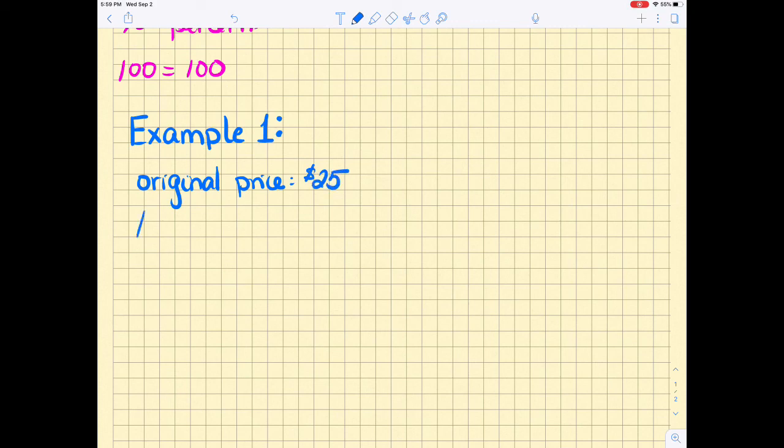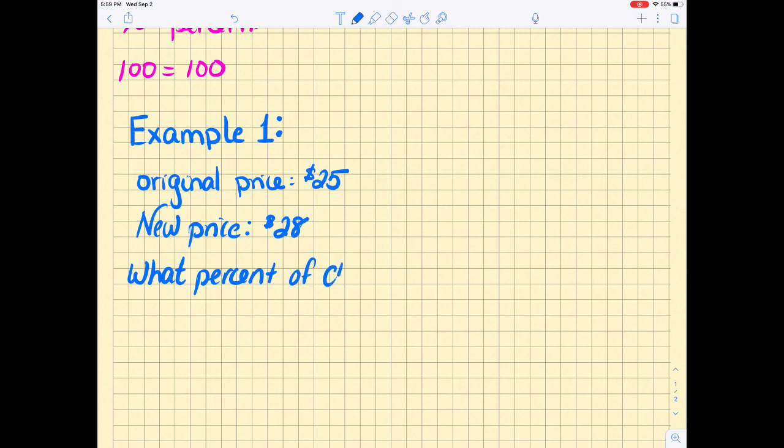And the new price, so I don't know if you remember back in elementary school, some of you did Ameritown, and you found out that if you could sell something and it was going really quick, that you could actually maybe up the price. So that's what happened here. They found out the original price is $25, and they said, well, it's selling really fast, maybe we can make more. So they put it up to $28. The question is, what is the percent of change?